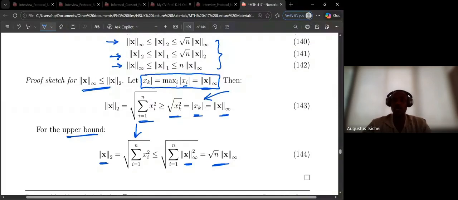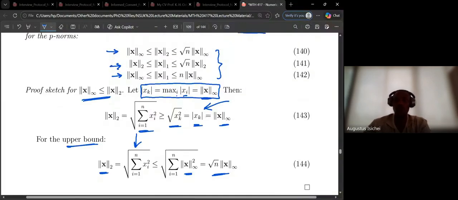So when you look at it, we have shown that these norms are equivalent, right? If you've shown that any two norms are equivalent, then you're good to go. From this, we showed that the infinity norm is less than or equal to the 2-norm, which is this side, and that the 2-norm is less than or equal to the square root of n times the infinity norm, which is this side.